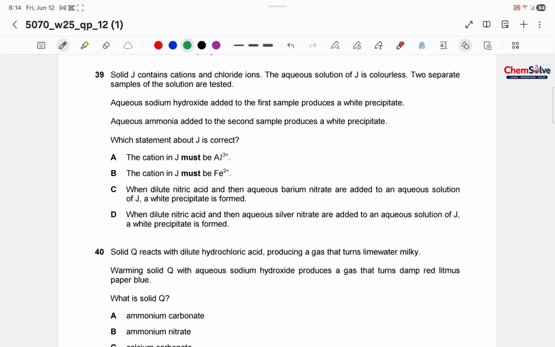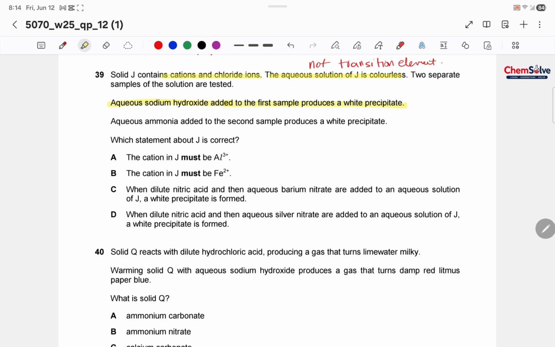Question number 39. Solid J contains a cation and chloride ions. The aqueous solution of J is colorless. If it is colorless, then it's not a transition element. Two separate samples of the solution are tested. Aqueous sodium hydroxide is added to the first sample to produce a white precipitate.